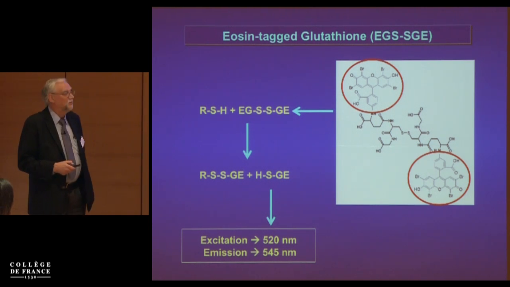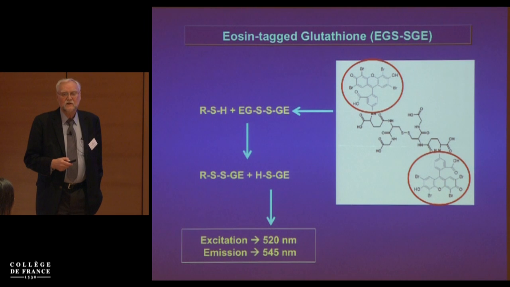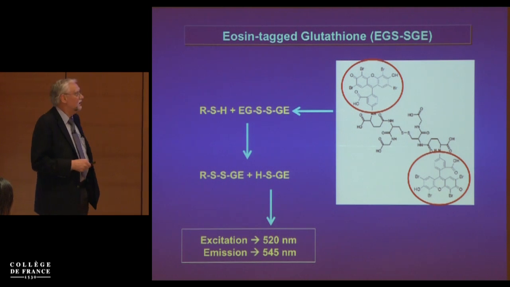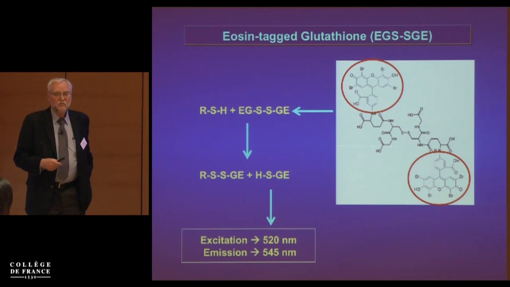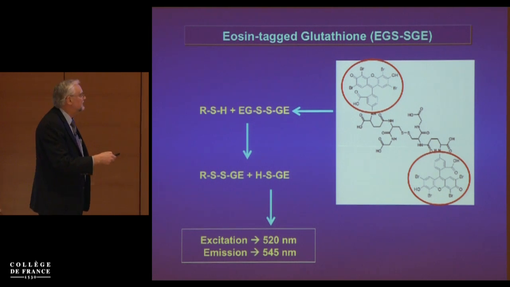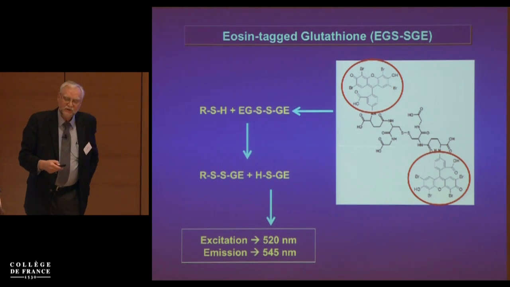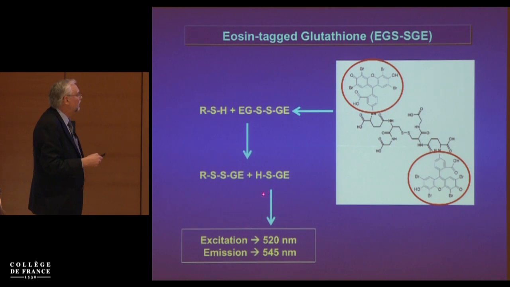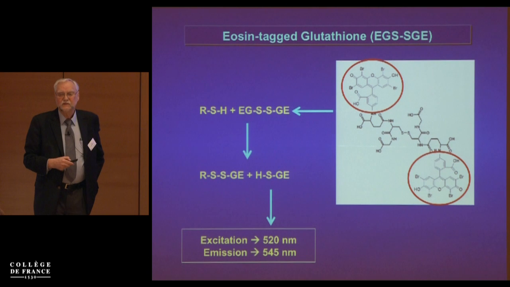The nice thing with this molecule is that it has basically no fluorescence if you excite at 520 and look at emission at 545, because of collisional quenching, as the two groups are opposite each other. So the principle is that we can always look at eosin glutathione with high fluorescence.